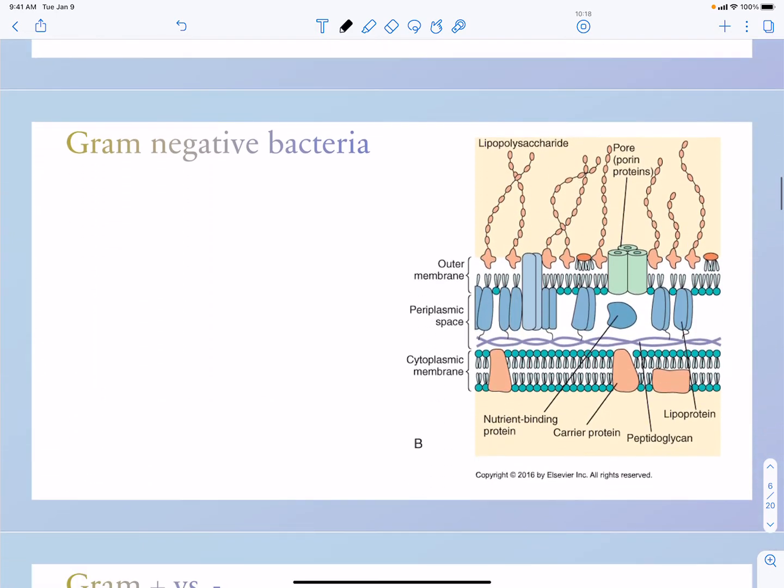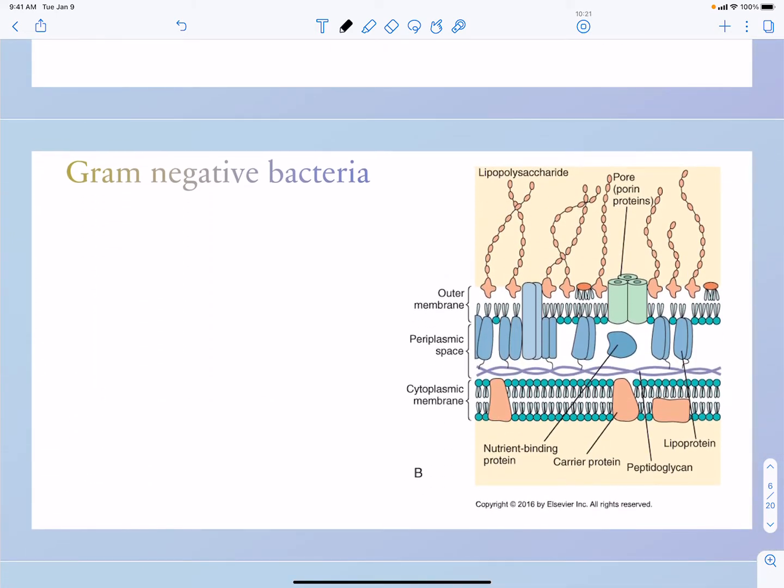And then our gram-negative bacteria look a little different. Our gram-negative bacteria have an outer membrane, and they have that same cytoplasmic membrane that you saw in the gram-positive. Now, this outer membrane adds a little bit more complexity to the gram-negative bacterium. And as I mentioned in a previous lecture, that outer membrane really allows these bacteria to survive our stomach acids, get into the small intestine, and cause colonization and infection.